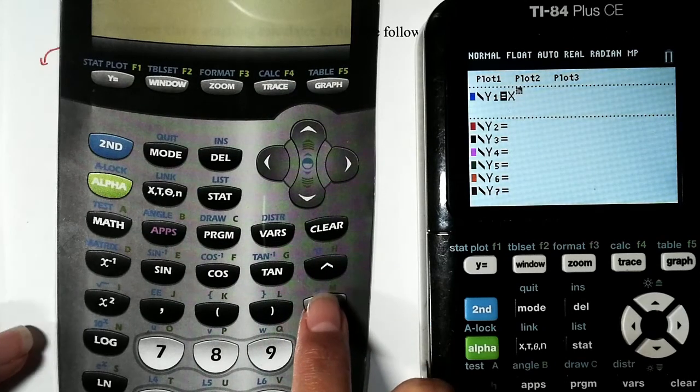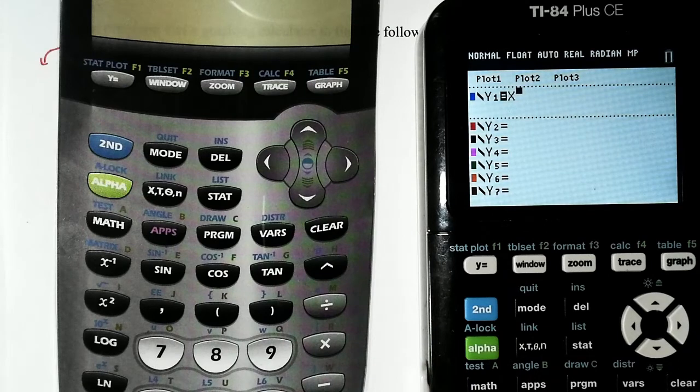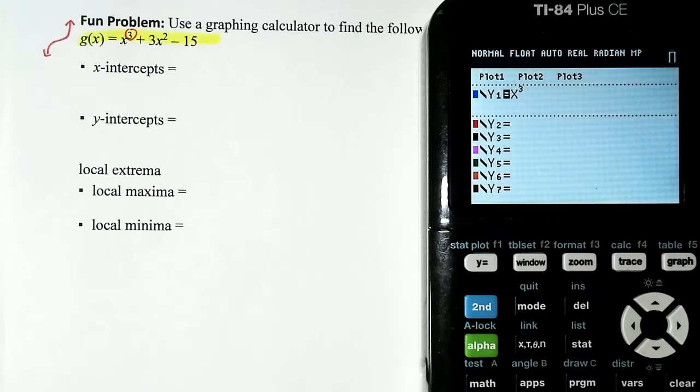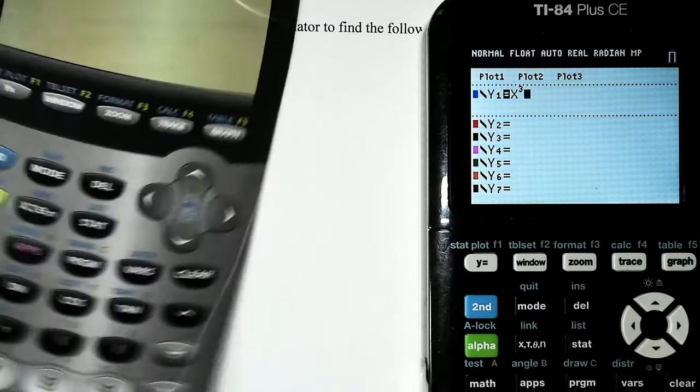So it doesn't really matter. So the caret key or the exponent key or the blinking cursor, either way, we want x raised to the third power. And if you are in the superscript or exponent area, then we use our side arrows to get out. If you have the exponent key on your screen, then you just keep writing.